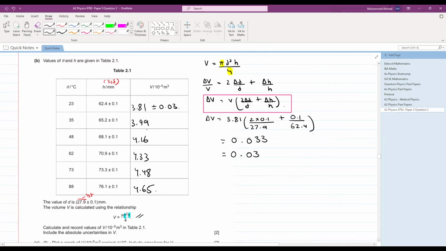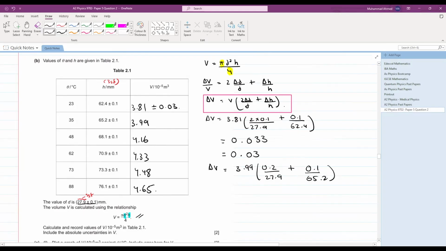Let's do it for the second row as well. What will we do? The absolute uncertainty in V is equal to what? 3.99 multiplied by 2 into 0.1 divided by 27.9. These values will remain the same because the value of D is remaining the same. Plus 0.1 divided by 65.2.